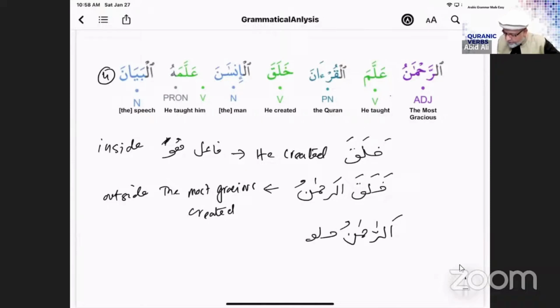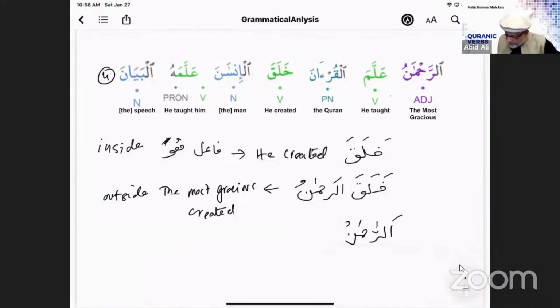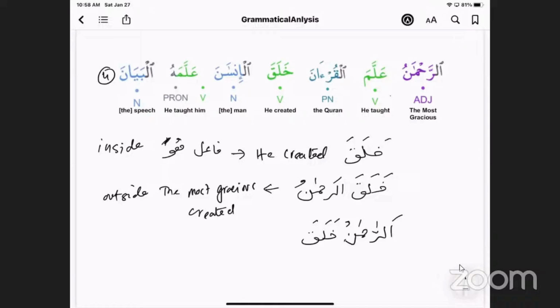Brother Javed, if I say Ar-Rahmanu khalaqa, what is the meaning of this? How would you translate this? Rahman created.